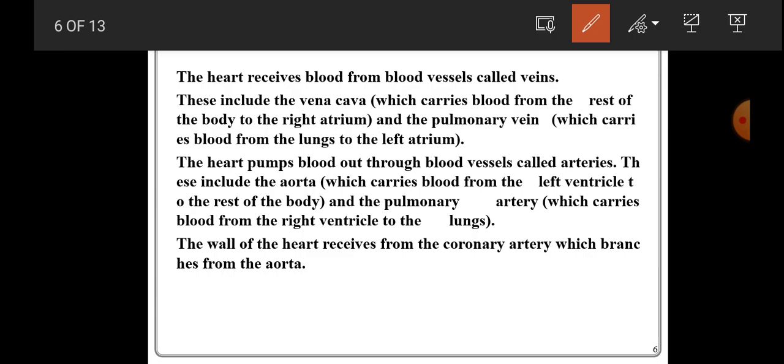The wall of the heart receives blood from the coronary artery, the blood vessel that supplies the heart with oxygenated blood. This coronary artery branches from the aorta.